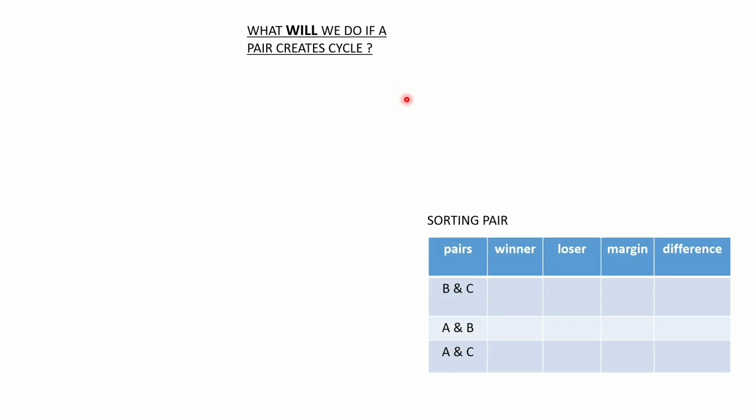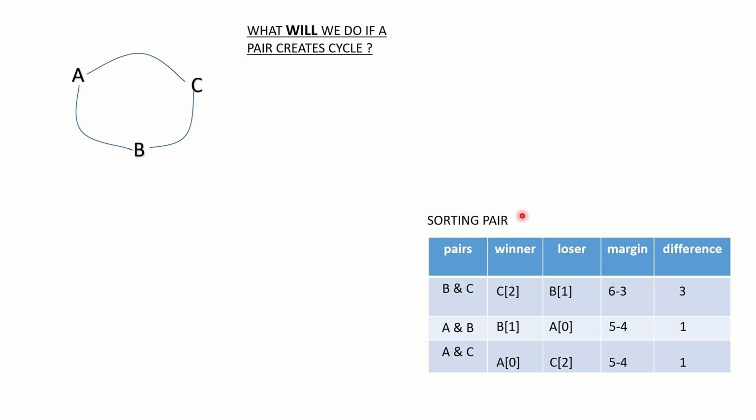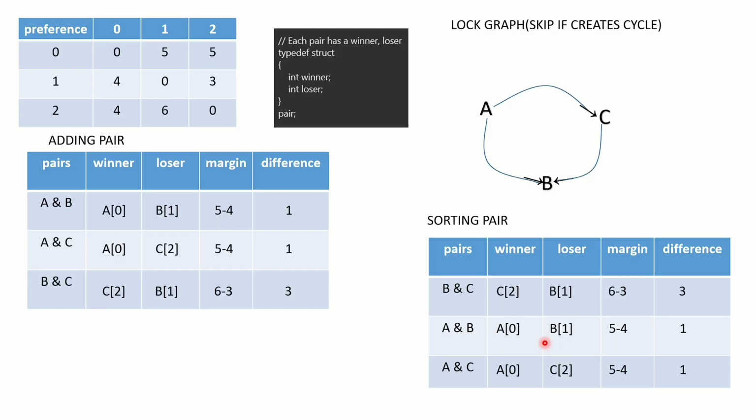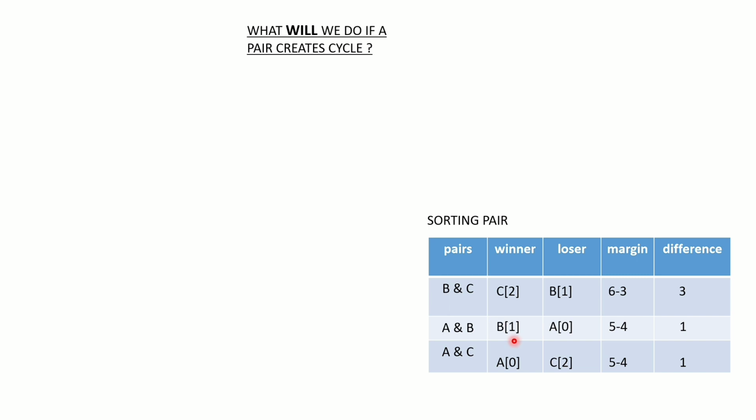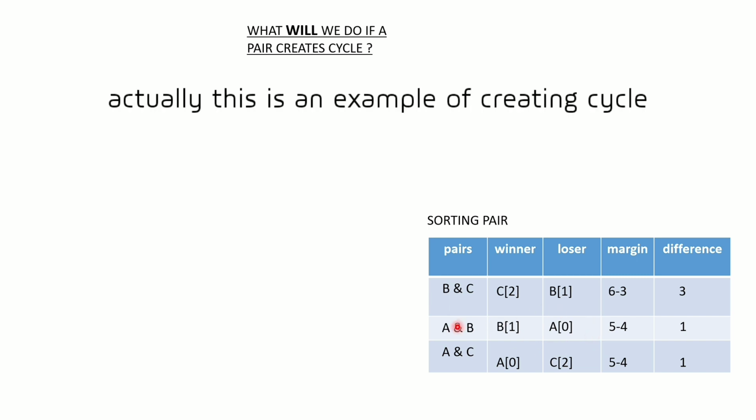There is a question here: what will we do if a pair creates a cycle? We have the sorted pairs here. The sorted pairs are different from the previous one, because there A is locked over B and A is locked over C, but here B is locked over A, so it will create a cycle.